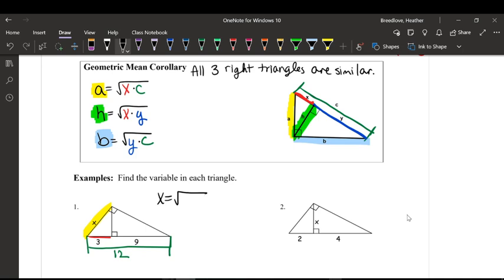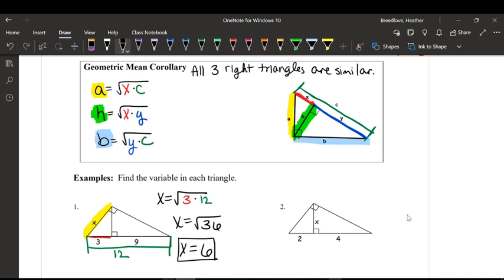X equals the square root of 3 times 12. And from there, I'm just going to solve it. So with 3 and 12, neither one of those is a perfect square, so I'm just going to multiply them together. X equals the square root of 36. Very nice. That is a perfect square. So X equals 6. That one's nice and easy. There's nothing tricky there.